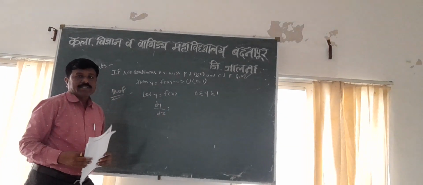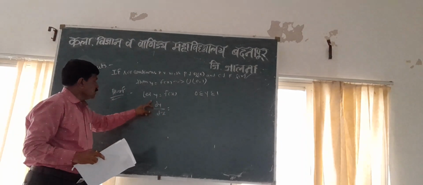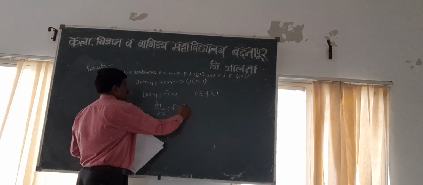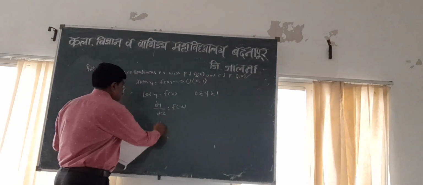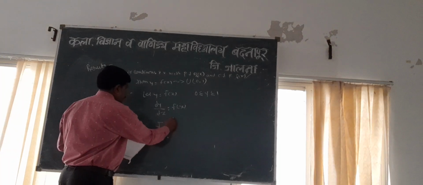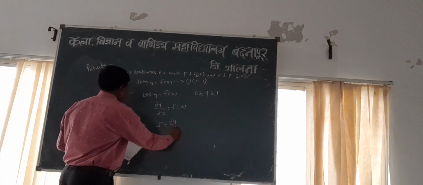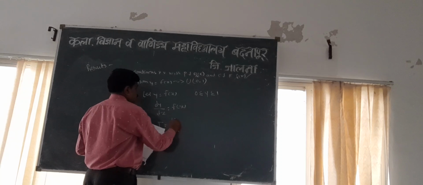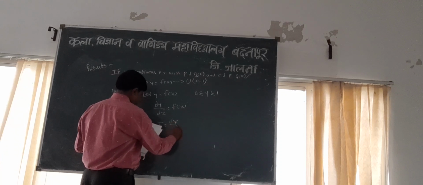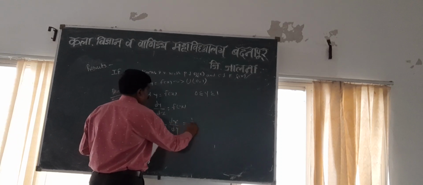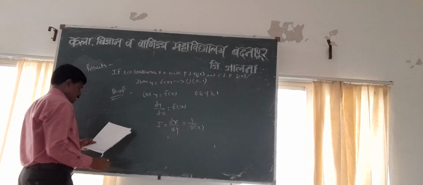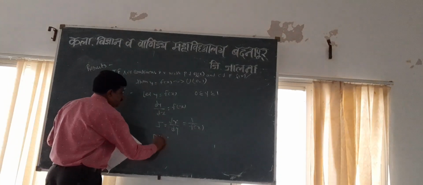The probability density function of y is obtained using J equal to dx divided by dy, which equals 1 divided by f of x.